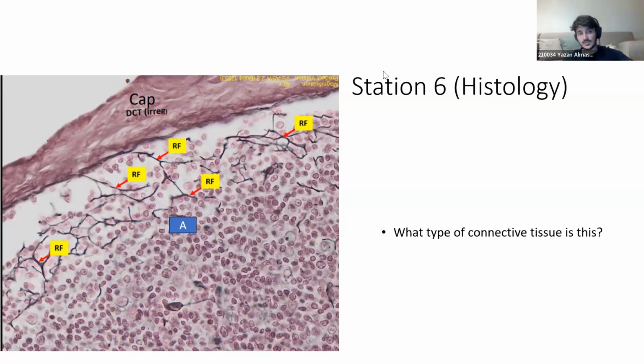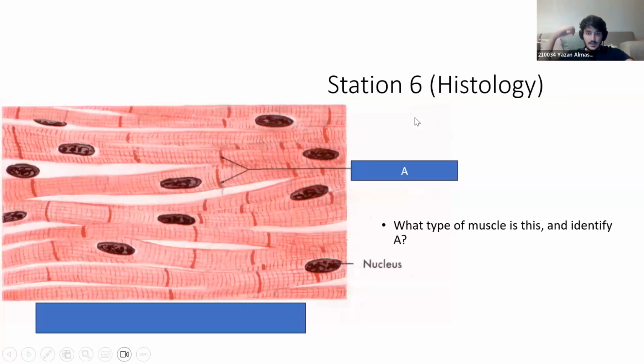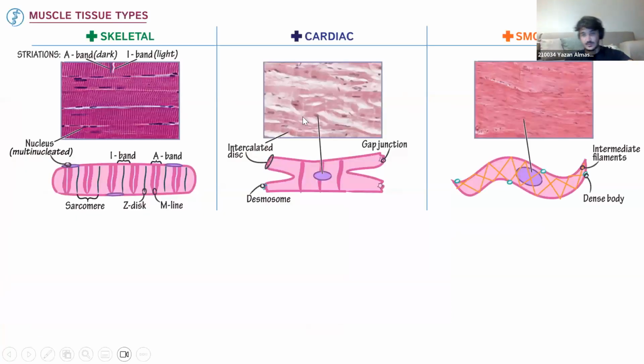See, you guys, just once you go through it, you'll easily recognize it. Hello? Now, before we answer this, I want to explain this. Now, we finished connective tissue.